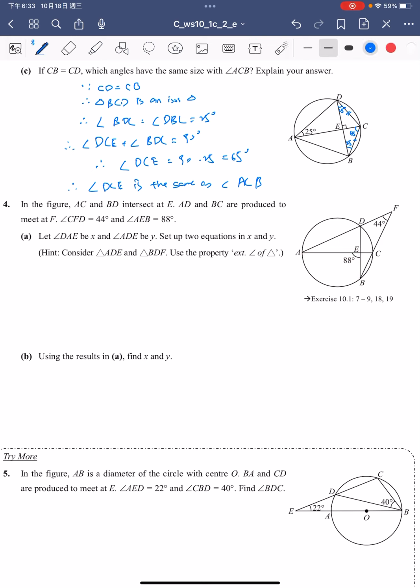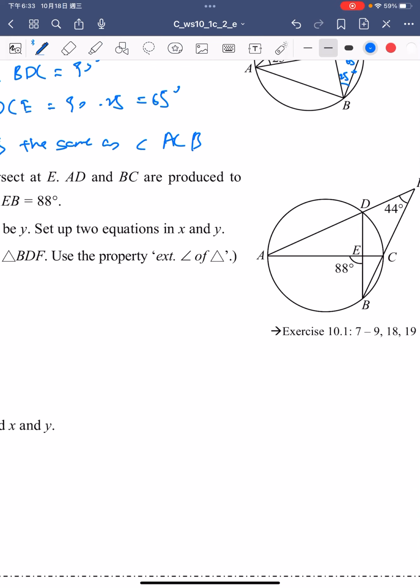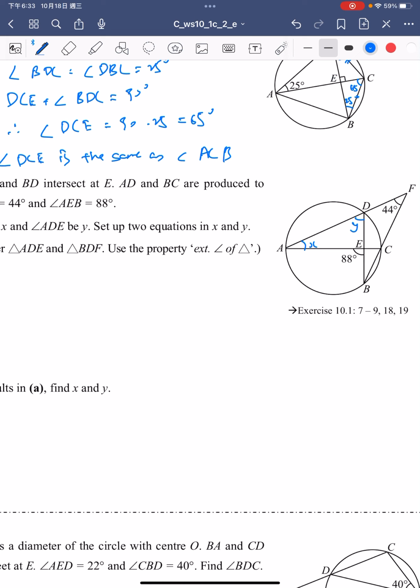First of all, the question is asking us to let the angle DAE be X, and the angle ADE be Y. So we write it down first: angle DAE is X, angle ADE is Y. They're asking us to set up two equations in X and Y. If we look at triangle ADE, the 88 degrees is the exterior angle of triangle ADE.